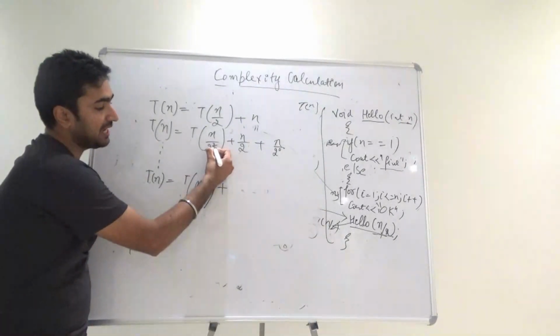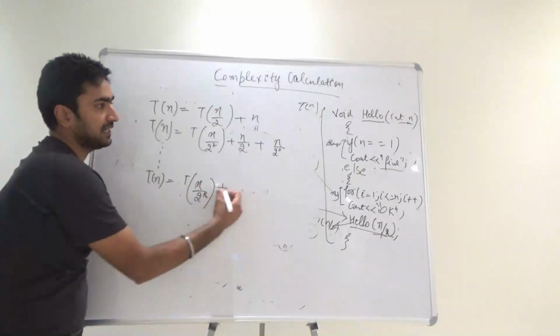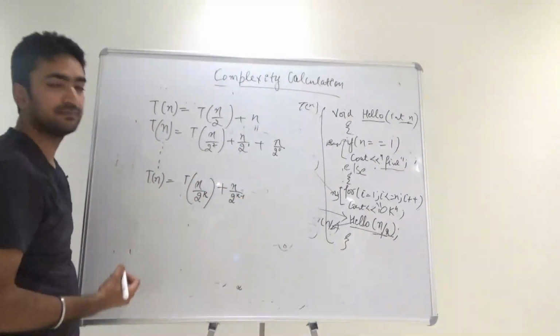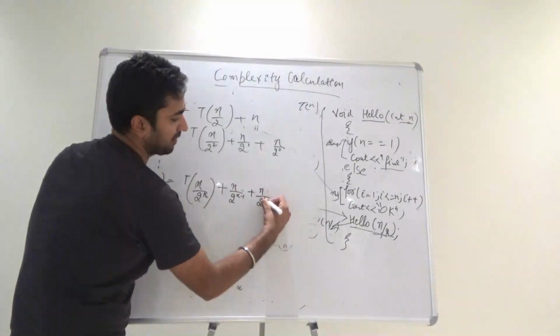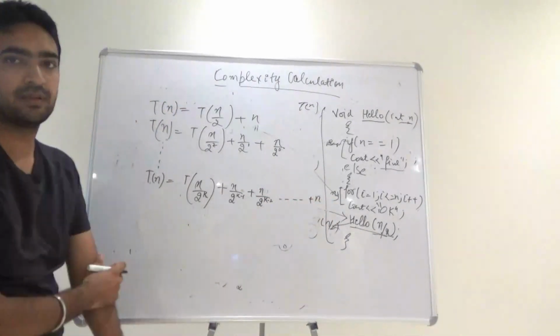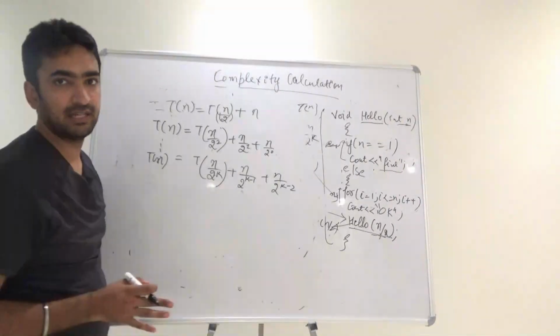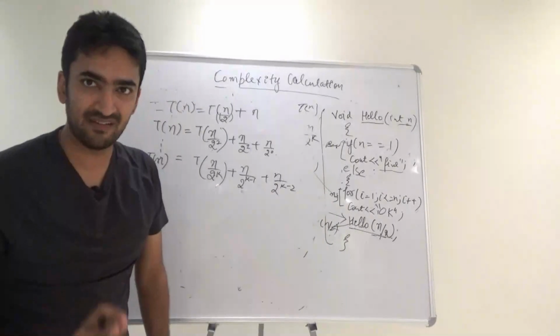And if this is k, if this is 2, this is 1. If this is k, the other would be 2 raised to power k minus 1, right? This can be n by 2 raised to power k minus 2, till n you are running, right?